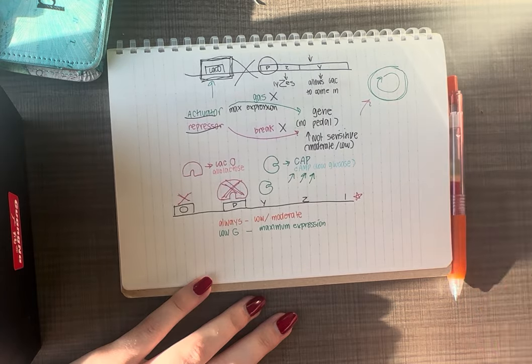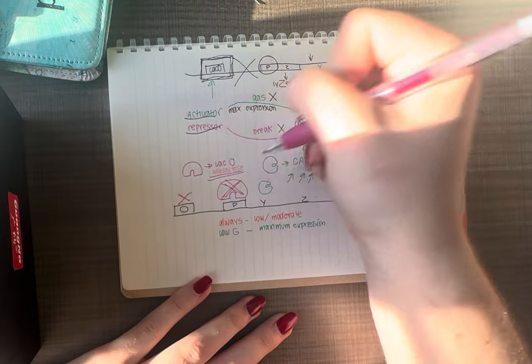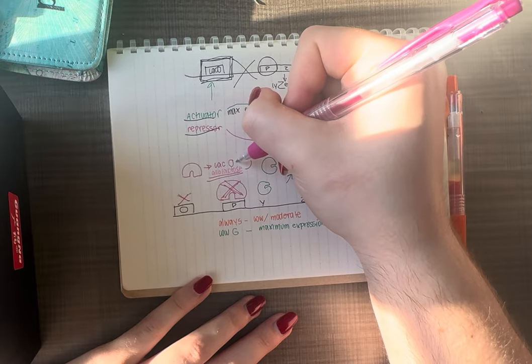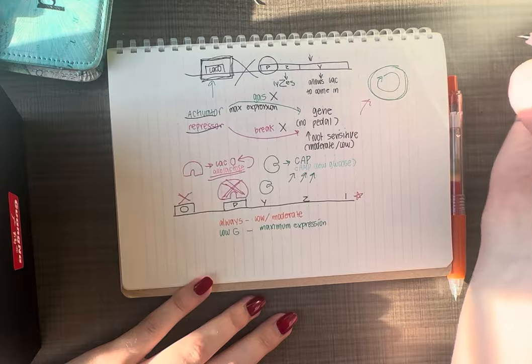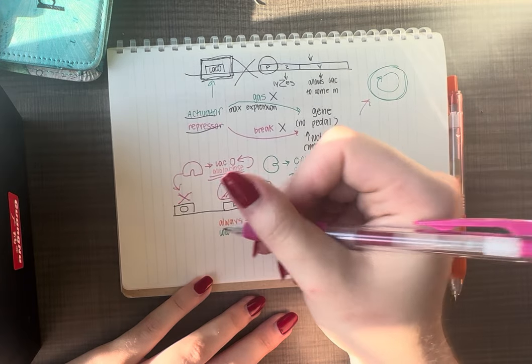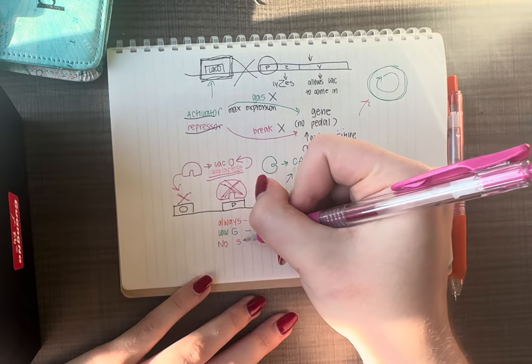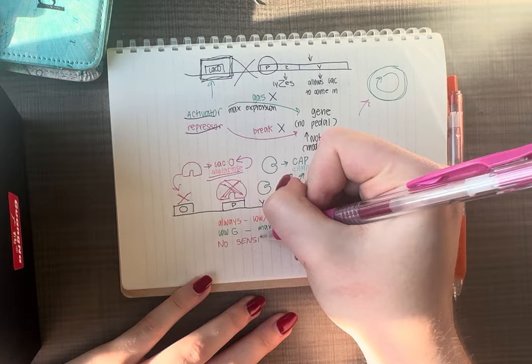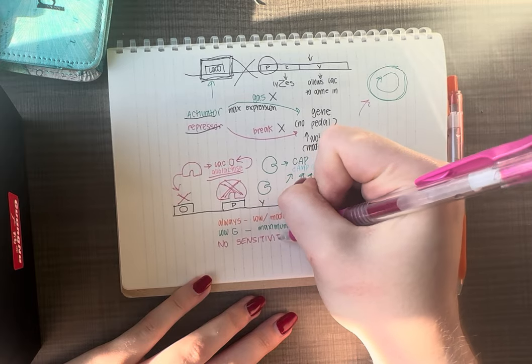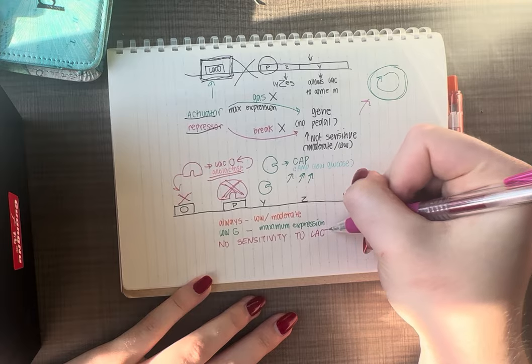What you're not going to have is sensitivity to allolactose, because allolactose will only interact with LAC-O, the repressor. And since there is no LAC-O, you are going to have no sensitivity to lactose.